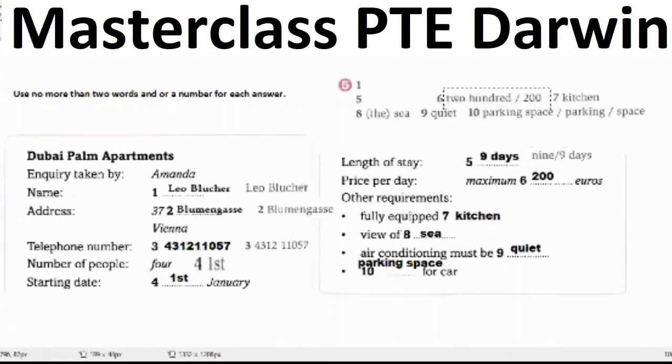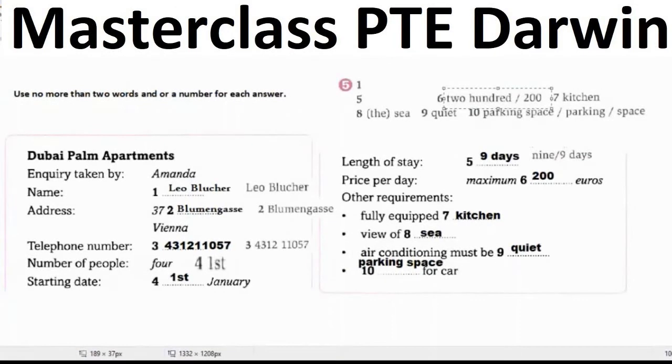So maximum, you see here, you can write 200 as a numerical figure, or also you can spell it out, because you can write two words. So 200 euros is correct. And we need kitchen. The C is the main keyword, so you have to write C. And then it must be quiet, air conditioning must be quiet.